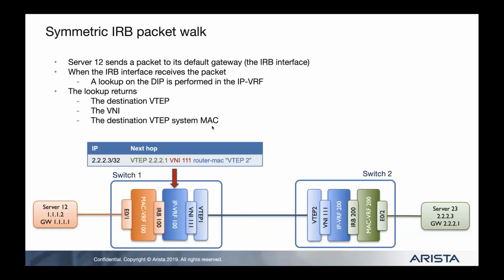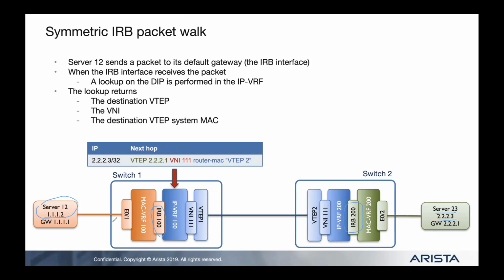Okay. So now let's discuss the packet walk. You have server 12, which is nothing but 10.1.1.12, part of VLAN 100, and this is another VTEP with VLAN 200, server 23, and 22.2.3 is the IP address.